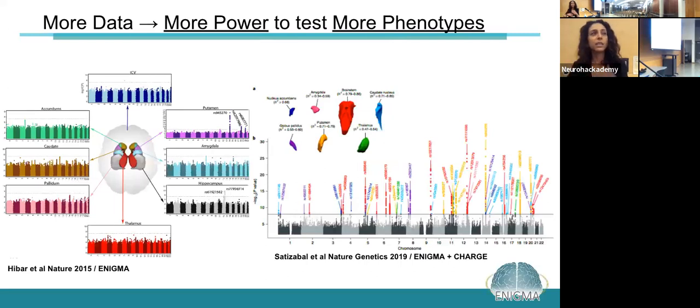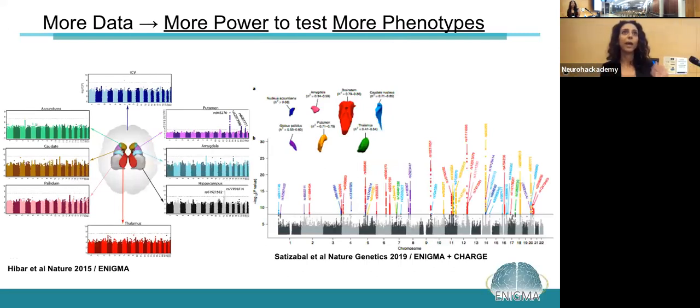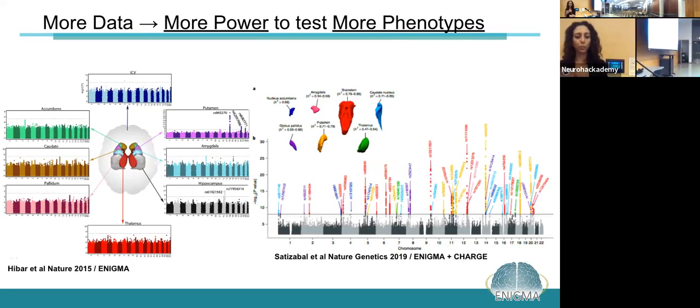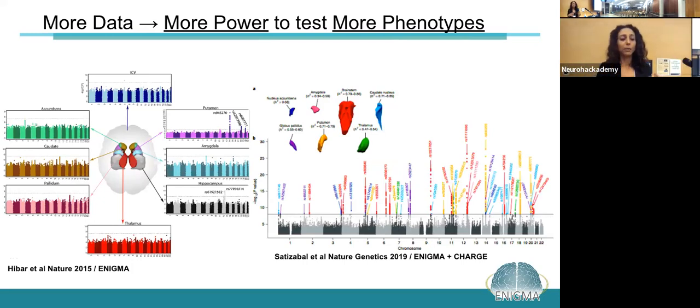So this continued analysis and adding more data not only allows you to make stronger inferences, but to take the information you learn and then ask new questions with it. That's what we can show. And also, now that we have more data, we have more power to test more traits, more phenotypes. So we're not going to just stick to hippocampal volume.